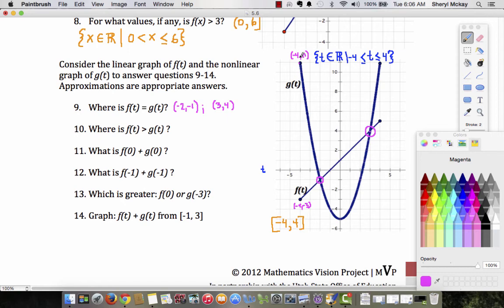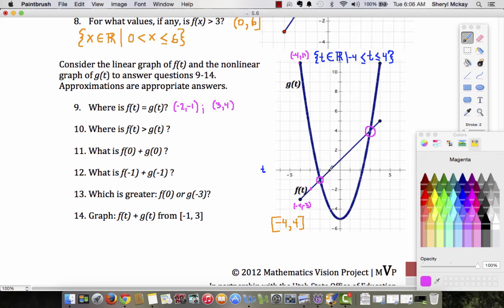But this question is asking us, when is f of t greater than g of t? Well, we know that they're equal here, okay? And if I picked this one right here, again, this value for -3 is much less than this value up here for -3, right? See that?